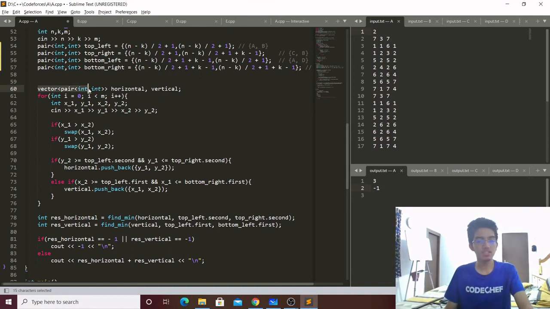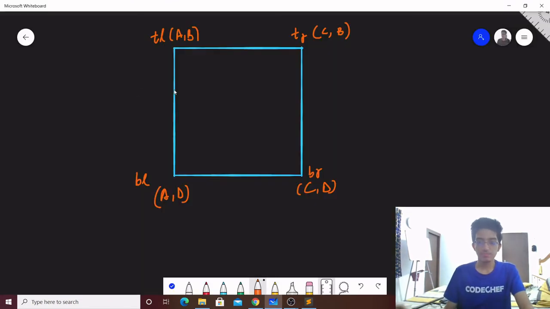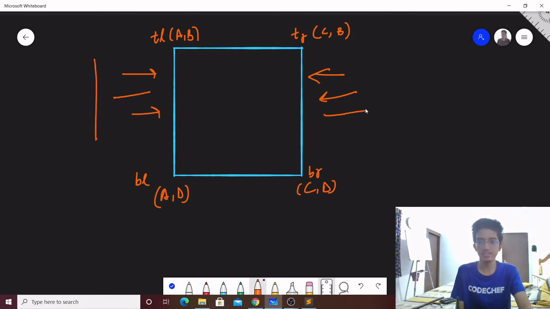Okay. Now, this vector of pair of type int, horizontal and vertical. The horizontal array basically stores those snakes which will be used for protecting our poison from the horizontal arrows, like the arrows coming from here and here. So all those snakes which are lying like this or this will be in the horizontal section.